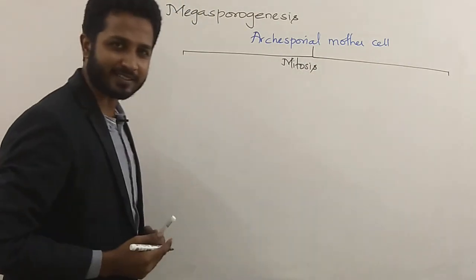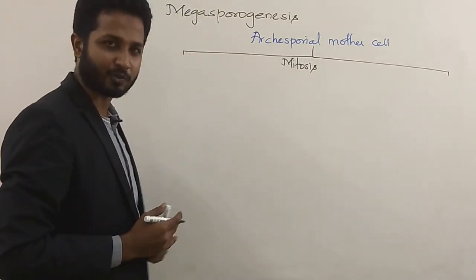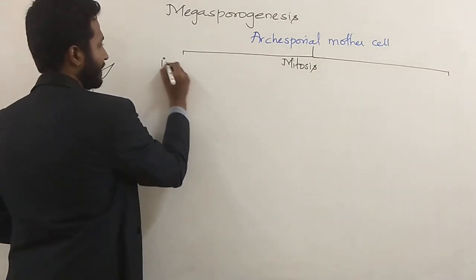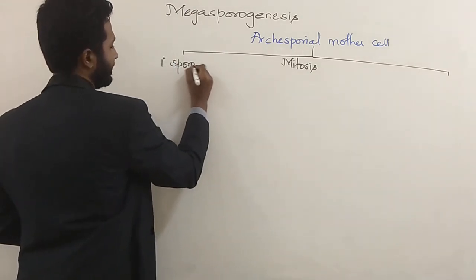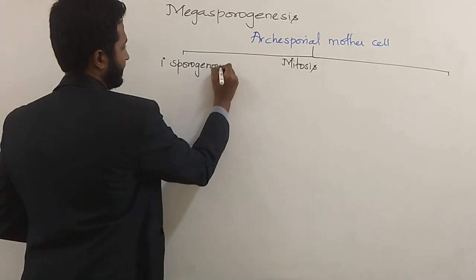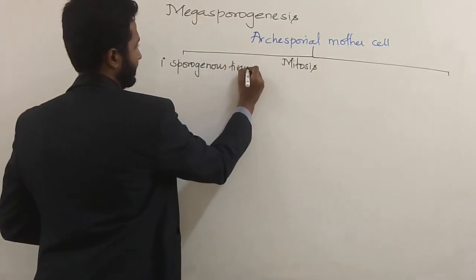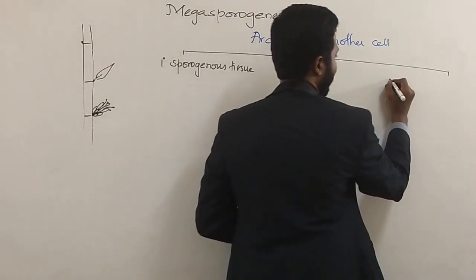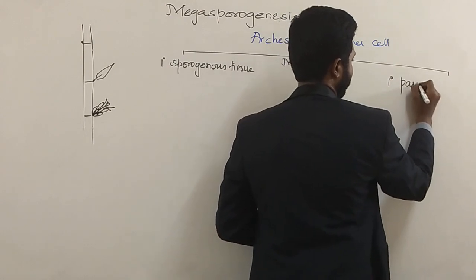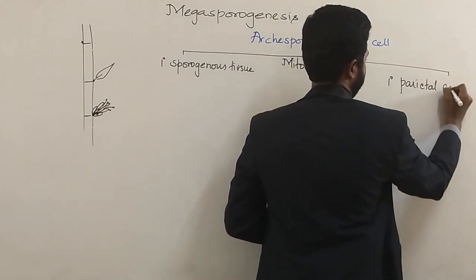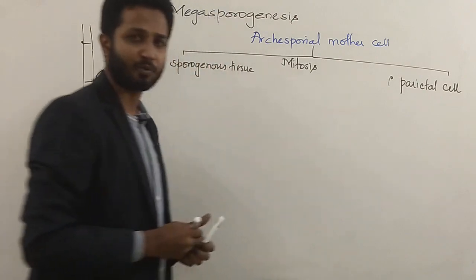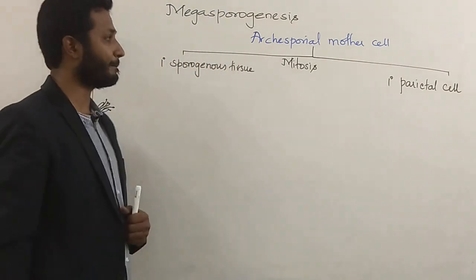And the names of the daughter cells remain the same as what we talked about in microsporogenesis. That is primary sporogenous tissue, and on the other side we have primary parietal cell. Primary sporogenous tissue and primary parietal cell.